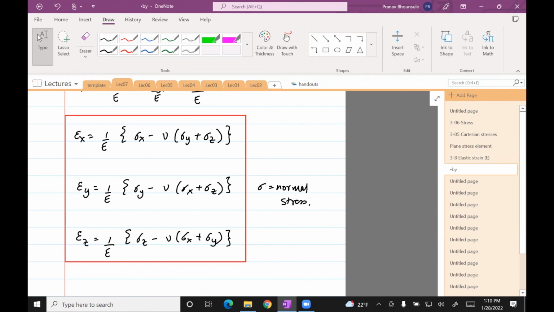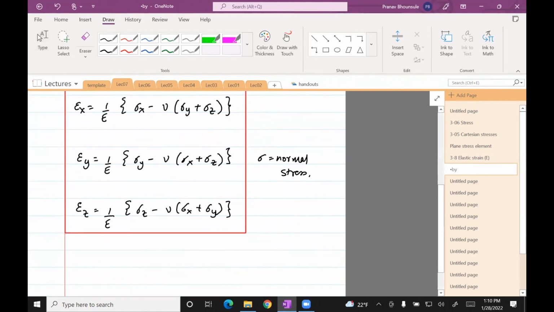Okay, so similar to normal strain, there is shear stress and shear strain.